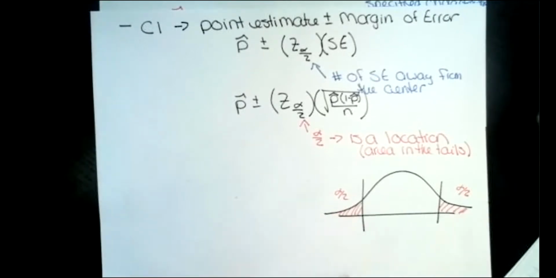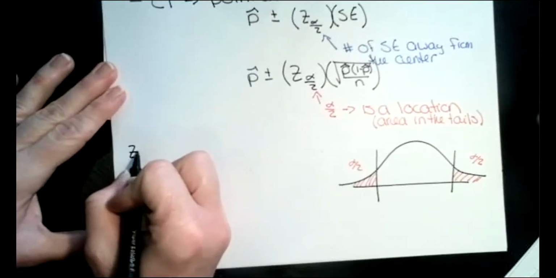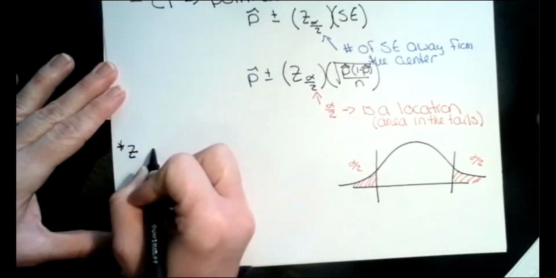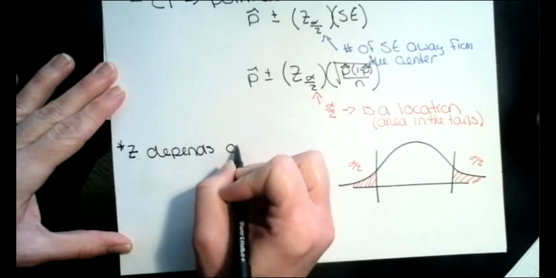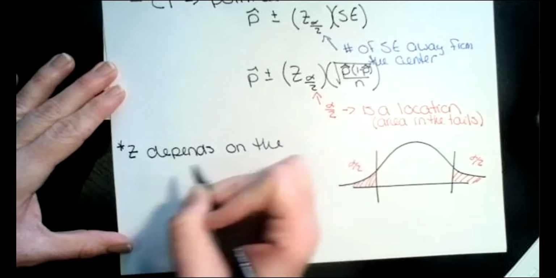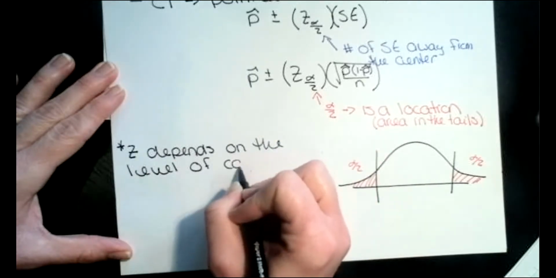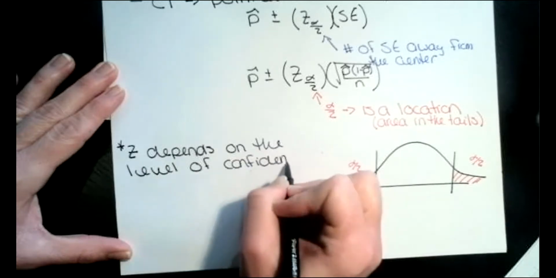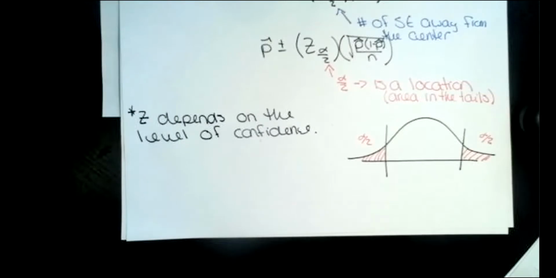The area in the tails depends on how many standard errors away we are, and that depends on our level of confidence. So we have different options for different levels of confidence, right?